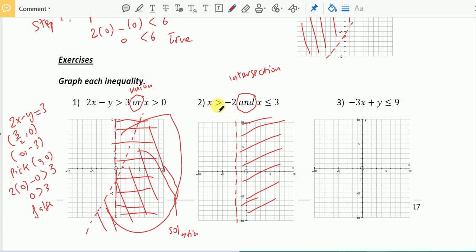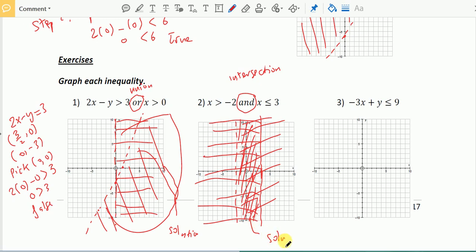Now 3 is here, and we are using a solid line because there's an equal sign. Less than 3, so from here we shade all the region to the left side. Now the intersection of these two is the overlapping region here. So this region here is the solution of this example.